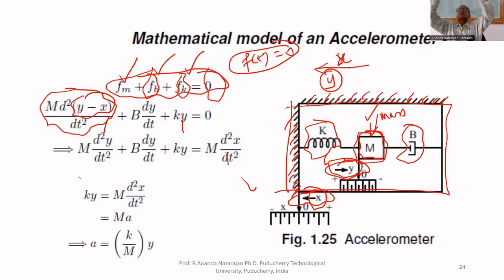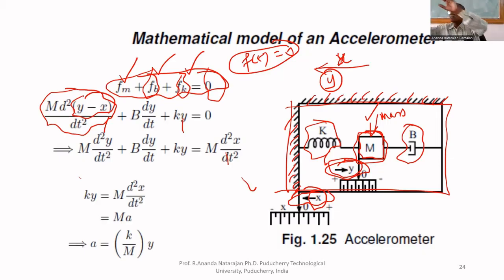Not like the spring. If it is a spring, both are moving in the same direction. Here the spring is moved to this point, and now x1 and x2 come closer. That's why the net displacement is x1 minus x2.